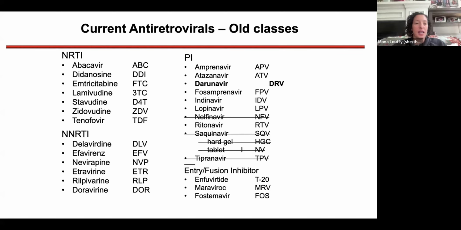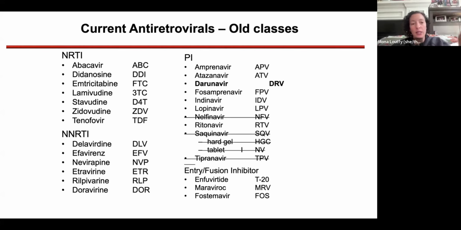Of the NRTI class, typically the one that we still use would be tenofovir there at the bottom, TDF. We have a new version of it called TAF, tenofovir alafenamide, which is a new formulation of tenofovir. And we use it in combination with emtricitabine, which is FTC. Tenofovir and emtricitabine in one pill is called Truvada.